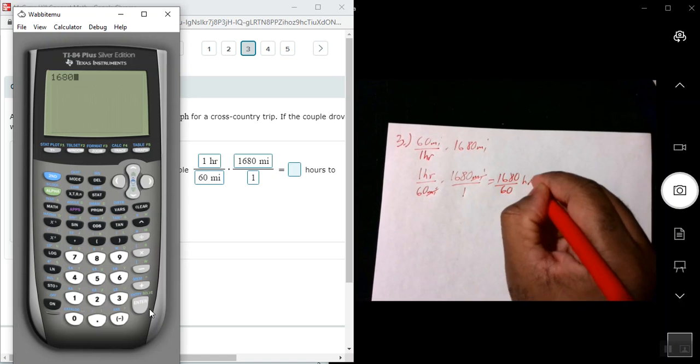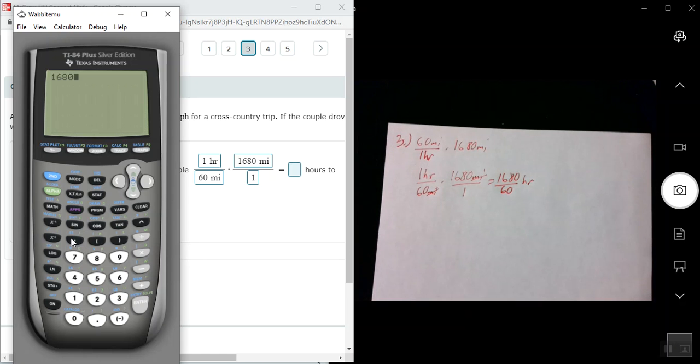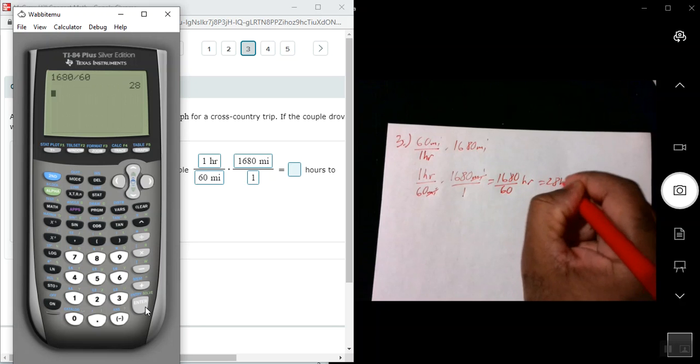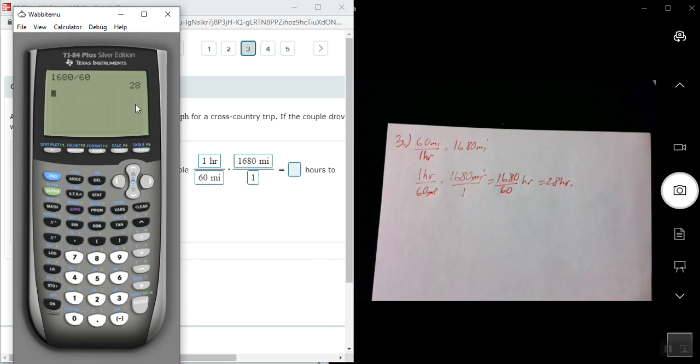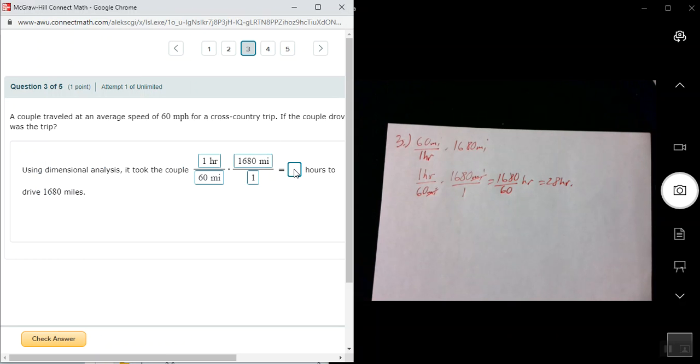That would be hours. So we would divide 1,680 by 60, and that would give us 28. So it'll be 28 hours. Your answer here would be 28, and that's hours to drive 1,680 miles. So that's how you would solve problem number 3.